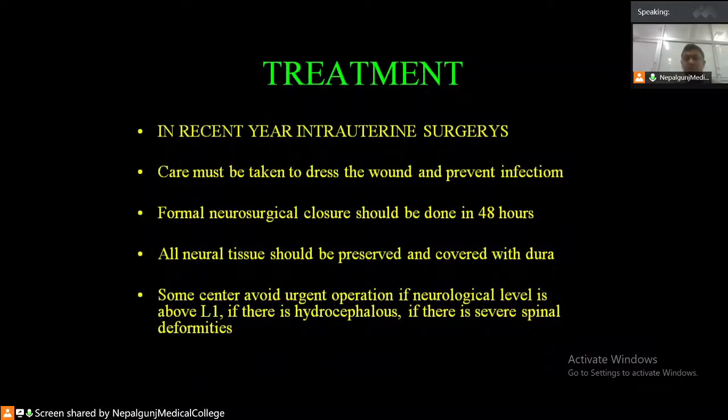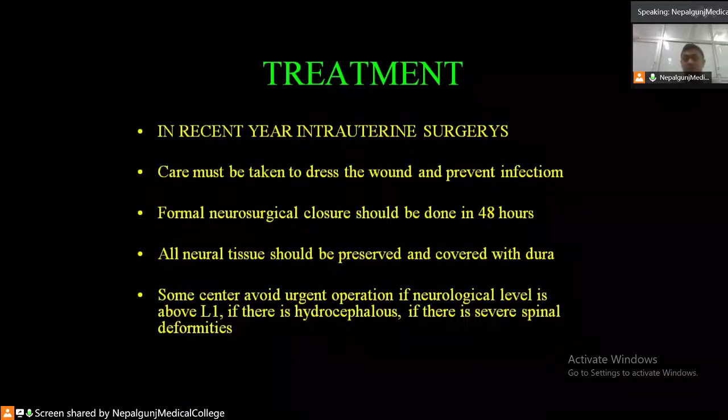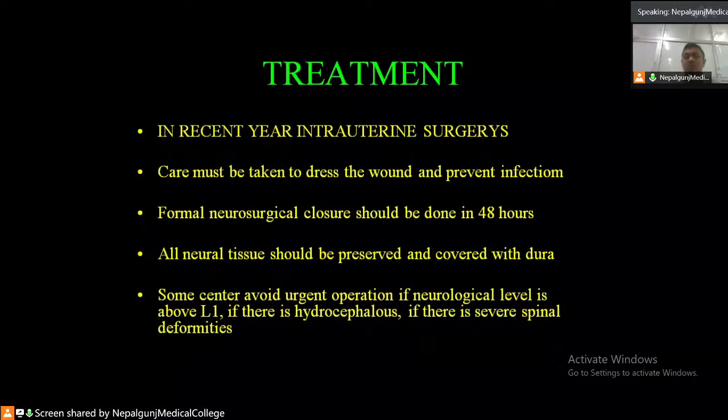Coming to the treatment, in recent years intrauterine surgeries are developing. This is very new to us. In these, the laminae are closed, or some form of closure is done in the intrauterine phase of the child. If the child is delivered, one must take care of the wound, with dressing over the wound, and prevent infection in a case of open myelomeningocele.